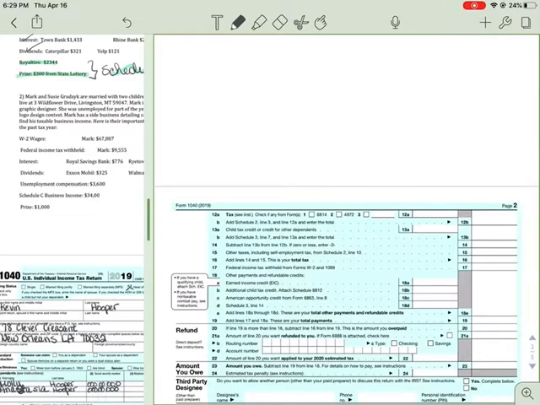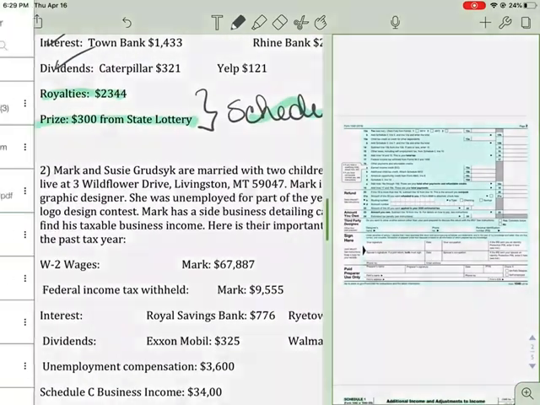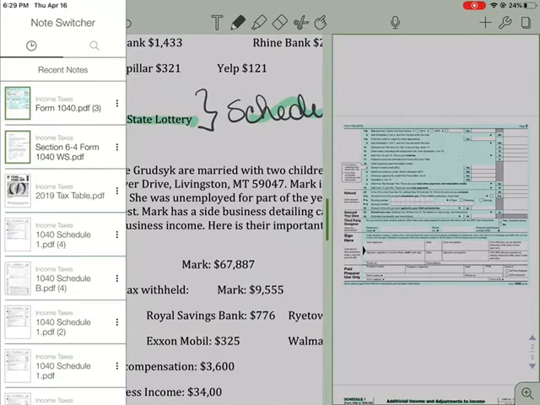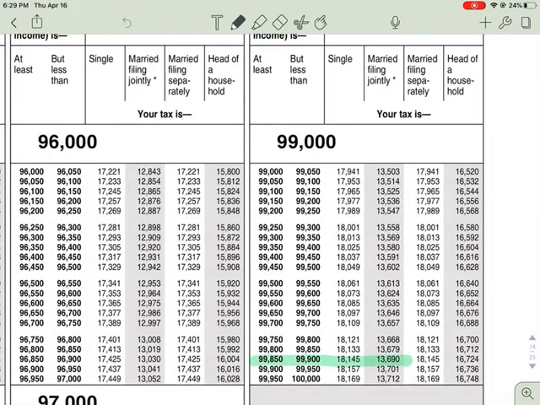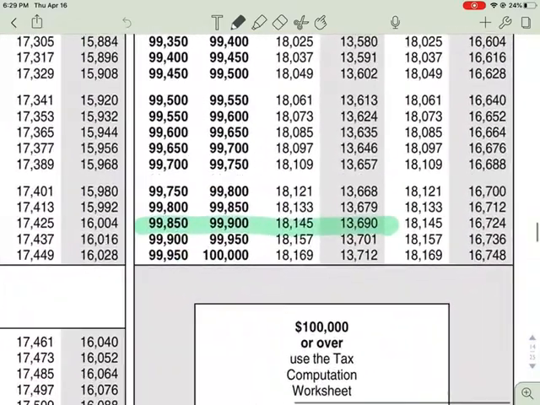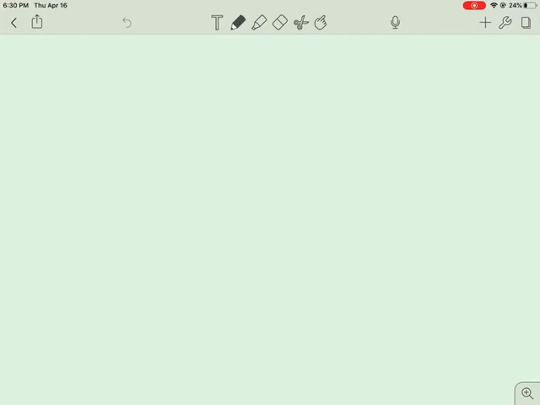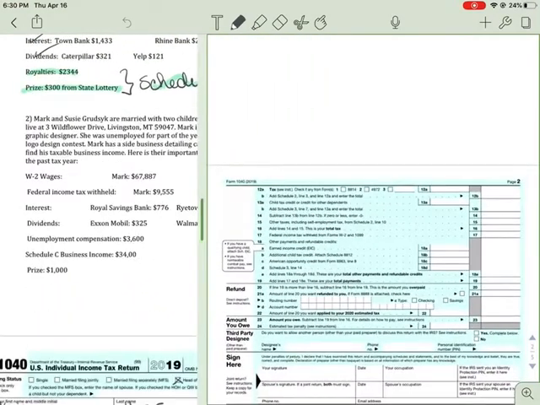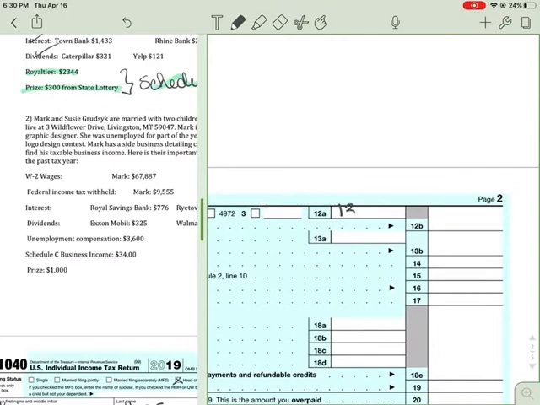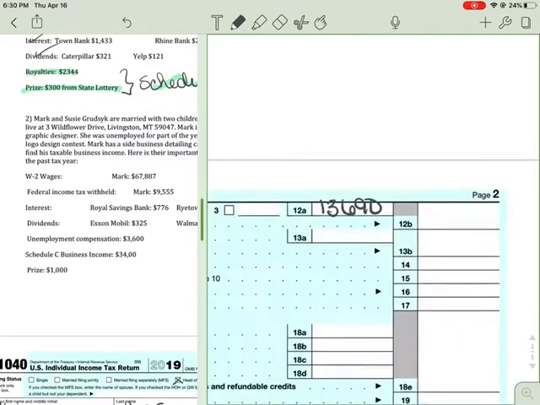Well, we're going to go to the tax schedule, the tax table, and we're going to find the 99,863, which I have highlighted here. It's in the interval between 99,850 and 99,900. They are filing jointly, so that number is 13,690. So we're going to come back over here, and that's 13,690.